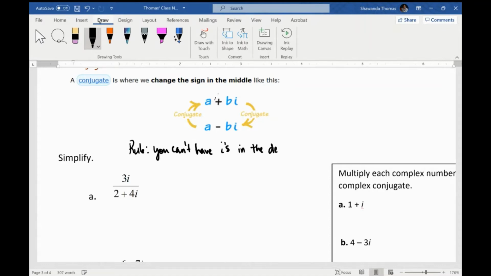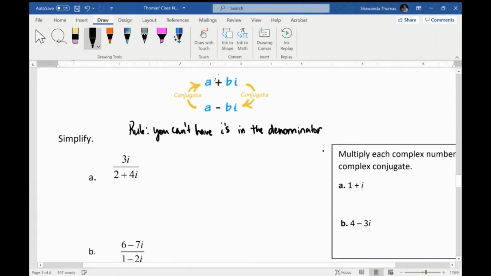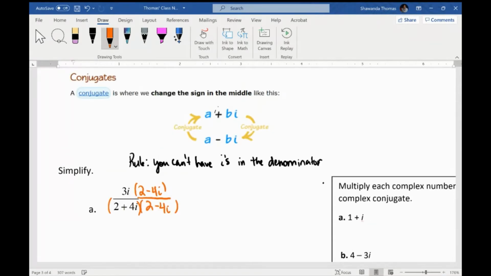All right, so guess how we're going to get that i out of the denominator? Multiply top and bottom by the conjugate, which is what again? 2 minus 4i. So again, a plus bi and a minus bi are called conjugates.